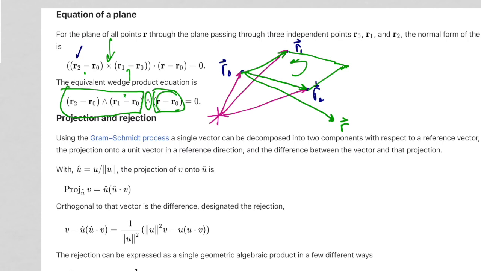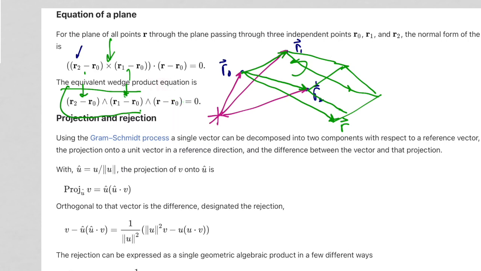But if all the components of this vector are linearly dependent on these two vectors, then this trivector, which represents a three-dimensional volume, which would look something like this, I suppose, some sort of volume element, will have zero volume. And that is the basis of this equation.